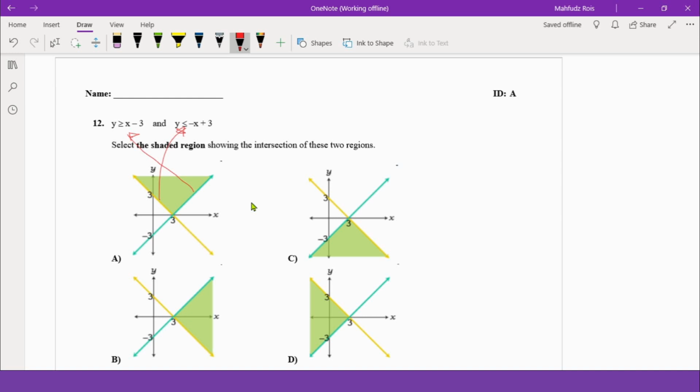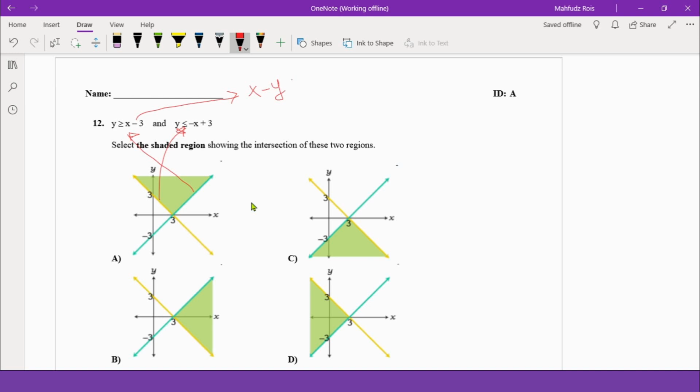But how about the region? To see the region, you can check. If you rewrite the blue one, moving y to the right it will be negative, and moving minus 3 to the left it will be positive.